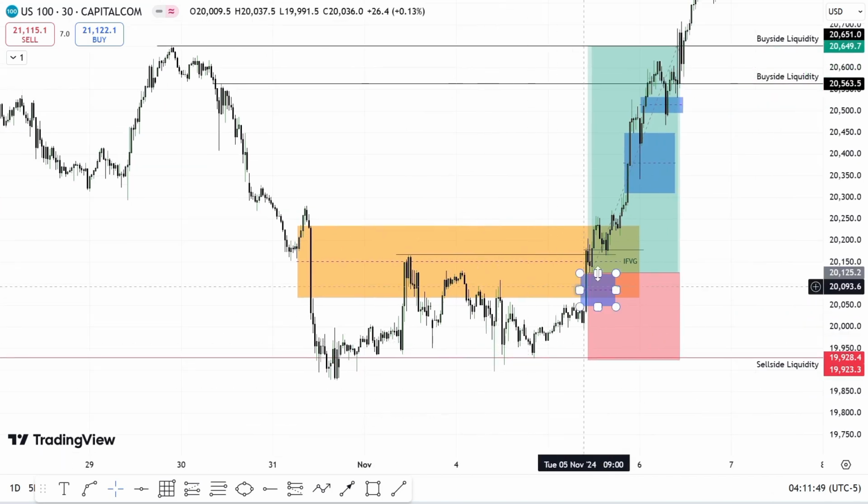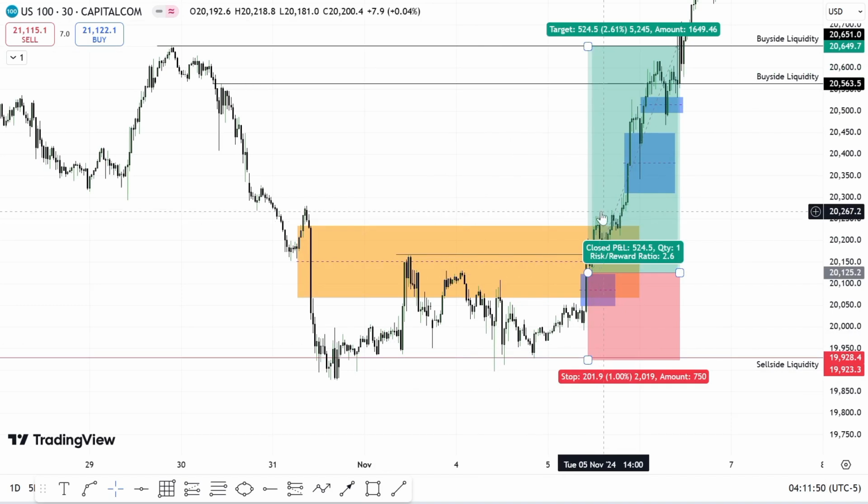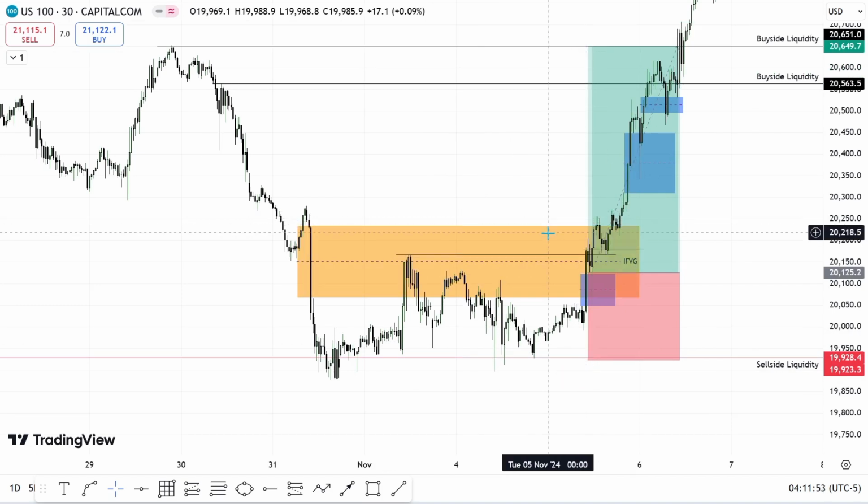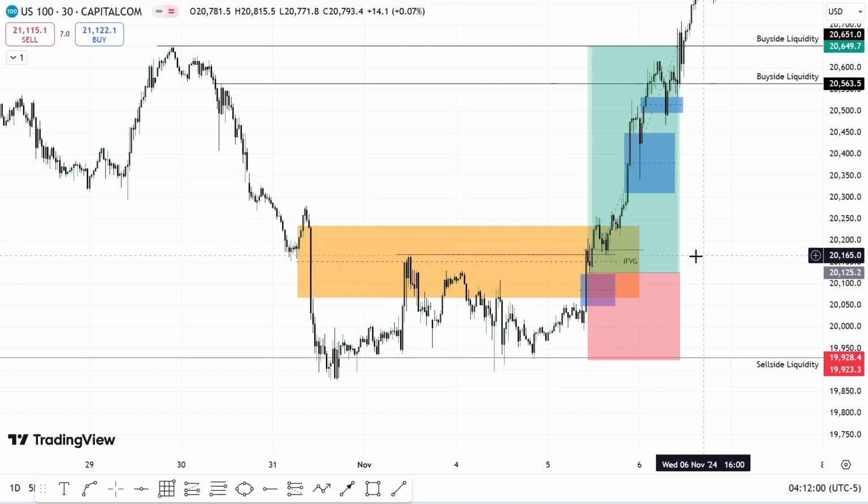Once price trades out of this inversion fair value gap, initially which you'll be seeing as a bearish fair value gap. Let me go to the 1 hour time frame so you see that clearly. That happened in the 1 hour.